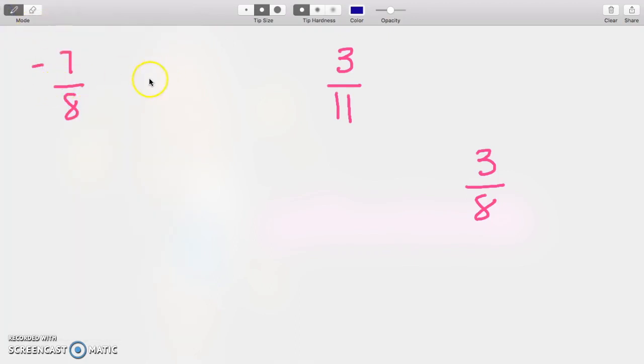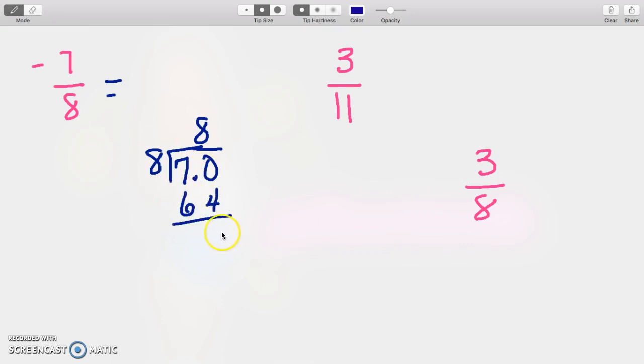So here I see a negative 7/8. Still going to divide the same way and get my answer, and then we'll see what the finishing decimal is. So 8 cannot divide into 7. So once again, I'm going to add a 0, and then I'm just going to keep going. 8 can definitely divide into 70, and that will give me an 8. 8 times 8 gives me 64. 70 minus 64 is 6.